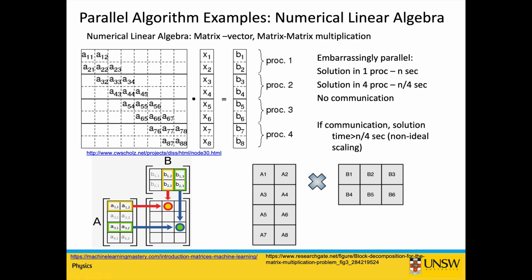Over here I show another way. This is about matrix multiplication, multiplying two matrices A and B. You can divide the matrix into small blocks and store these blocks in each of the CPUs, and then have different CPUs interact with each other and multiply these numbers.